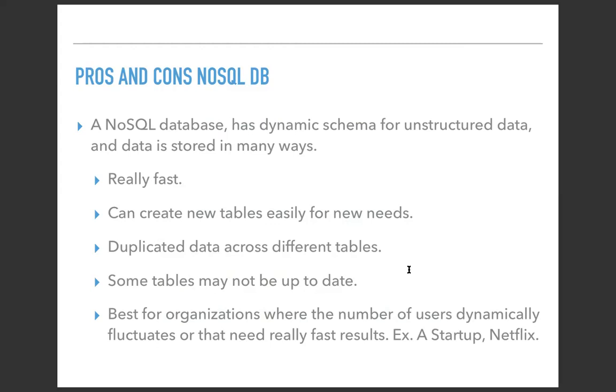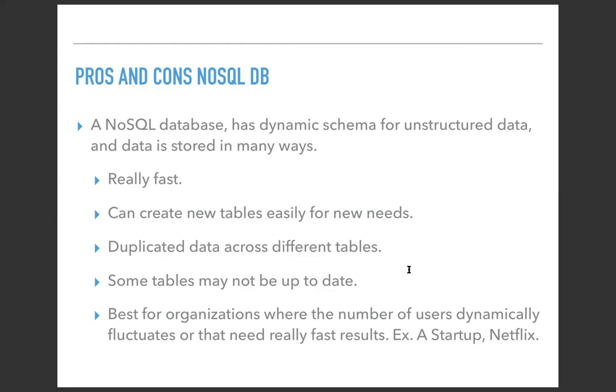So it is not worthwhile to get married to a defined schema if you're going to start tracking different things that you haven't considered. And if the number of users jumps from 5 one day to 1 million users the following day, you want your database to be able to handle those fluctuations, all right?